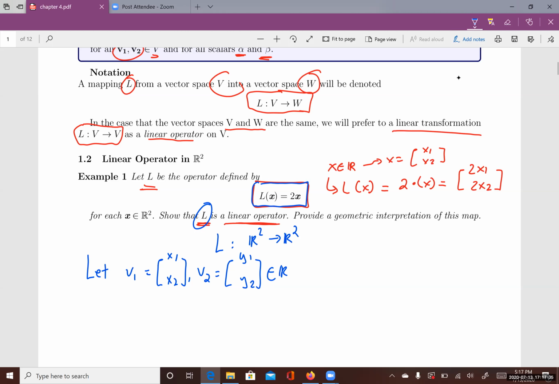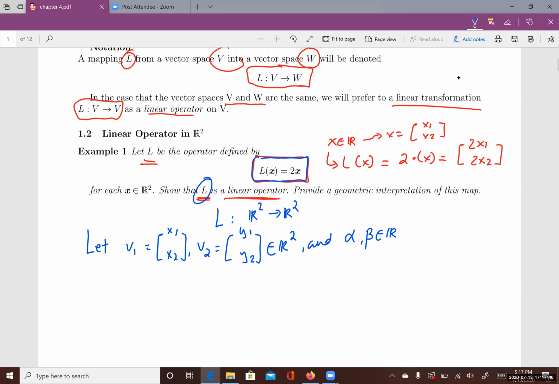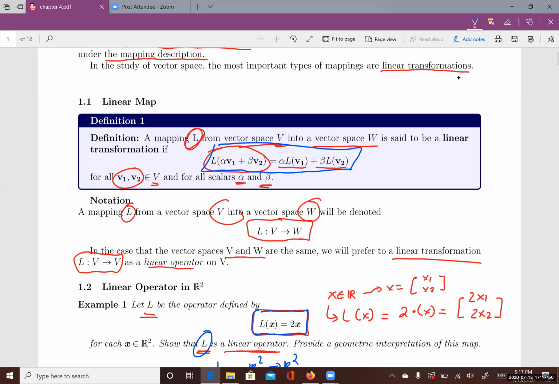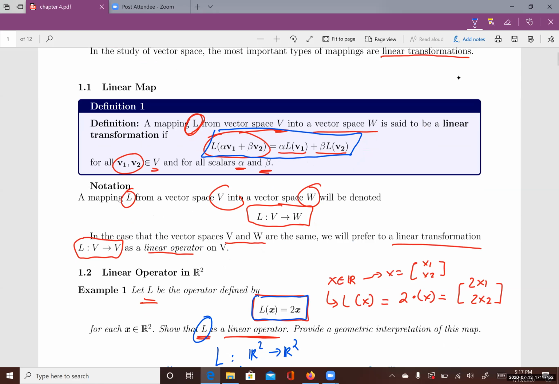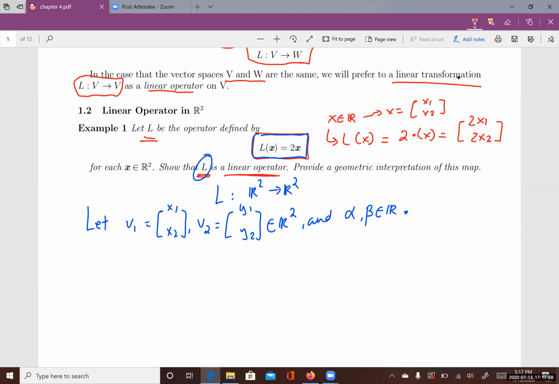They are both in R2. And you have to call out alpha and beta, which are just scalar values in R. Okay. Now, in order to show that this equation is true, I need to start with one side and end up with the other side. So let's start with this side.